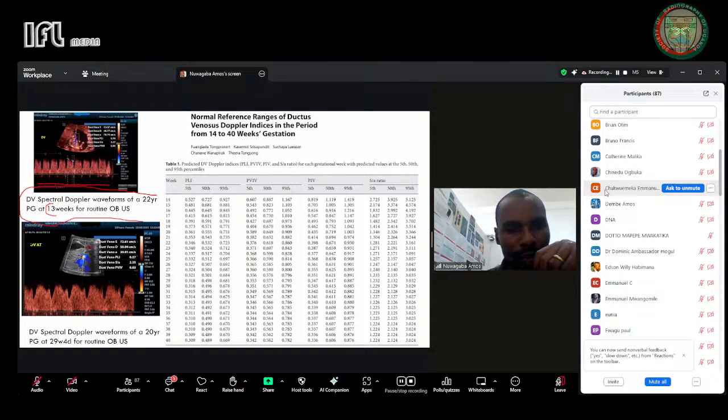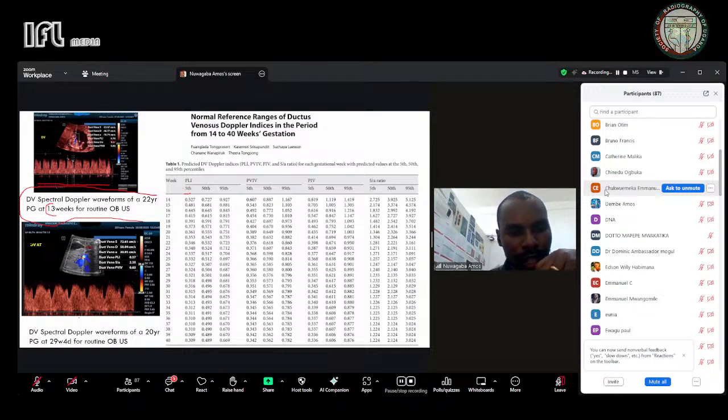And if you, for example, see here, the preload index of 0.7, if you go to our reference table, it would lie between the 50th percentile and the 95th percentile. And the normal range is between the 50th and 95th percentile. So if you have anything that is within this range, that is normal.